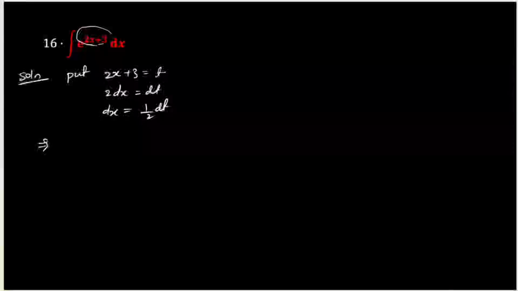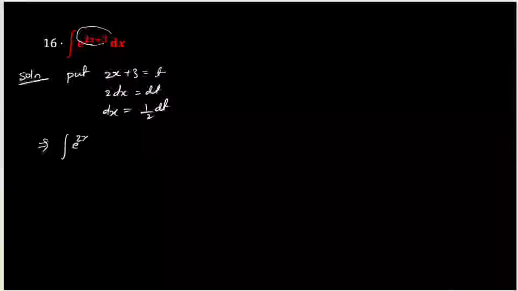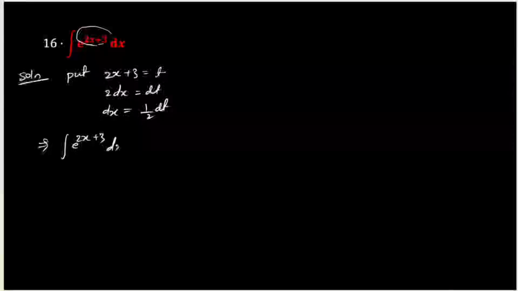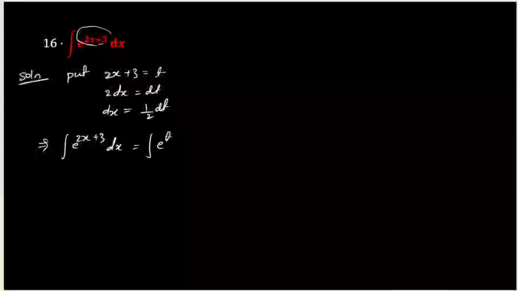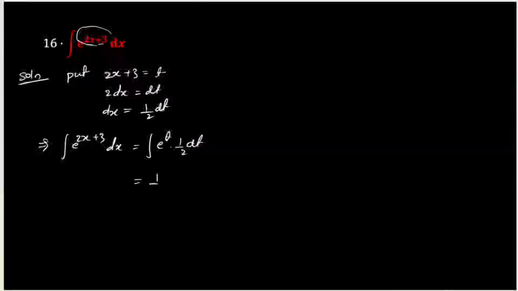Then the integral e to power 2x plus 3 dx becomes integration of e to power t, and dx is equal to 1 by 2 dt, where 1 by 2 is a constant taken out of the integral, and the integration of e to power t dt is equal to e to power t, plus c is the constant.